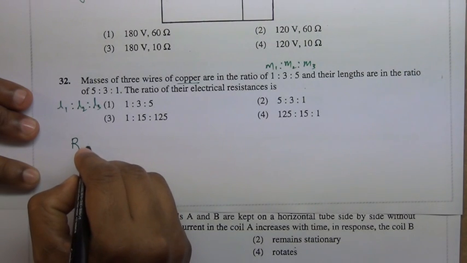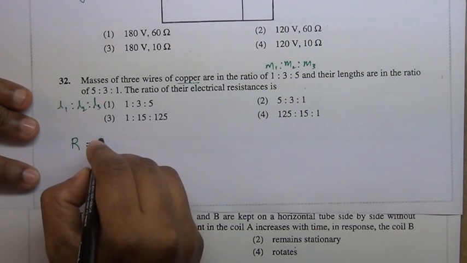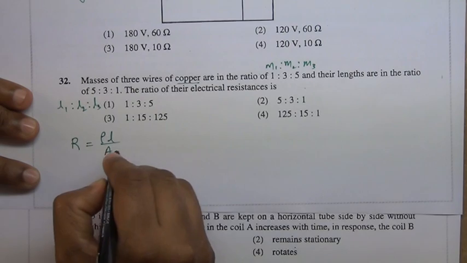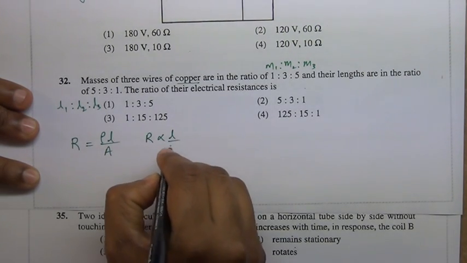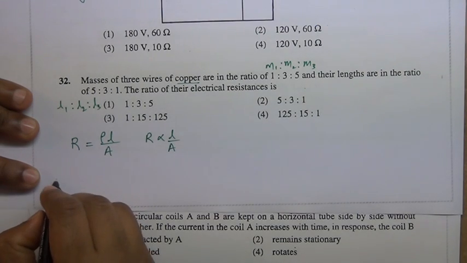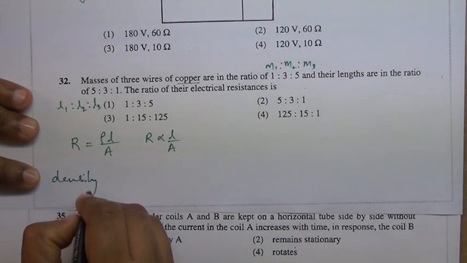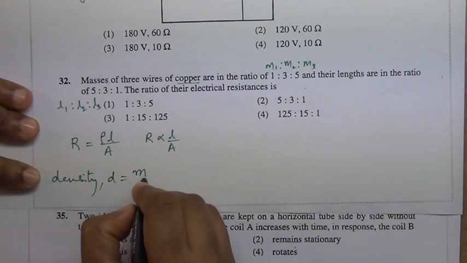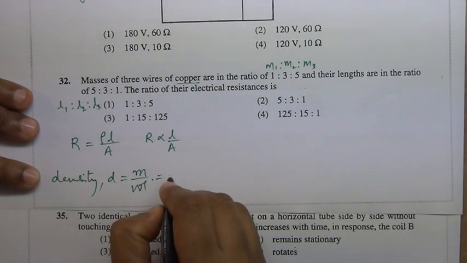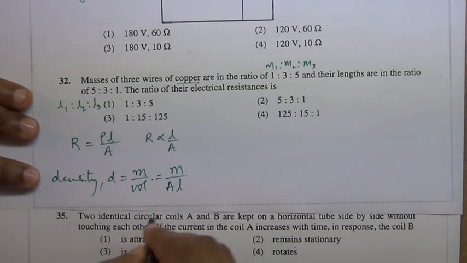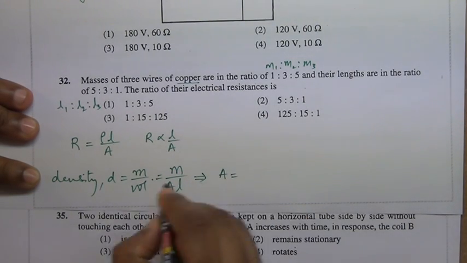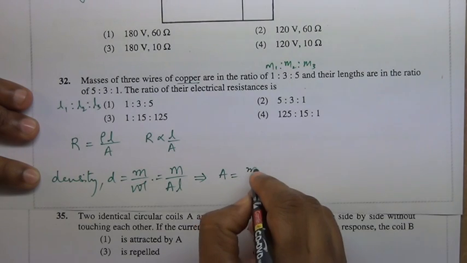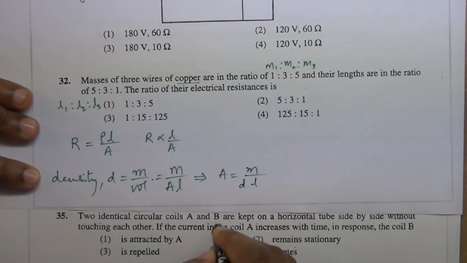Resistance of the wire is equal to resistivity times length by area, or resistance is proportional to L by A. But density equal to mass by volume, mass by area into length, therefore area equal to M by L, this is density.